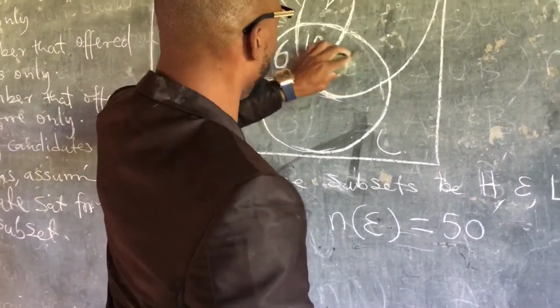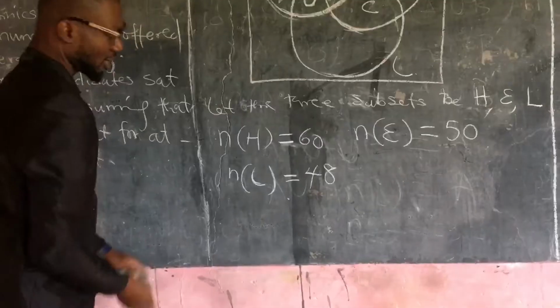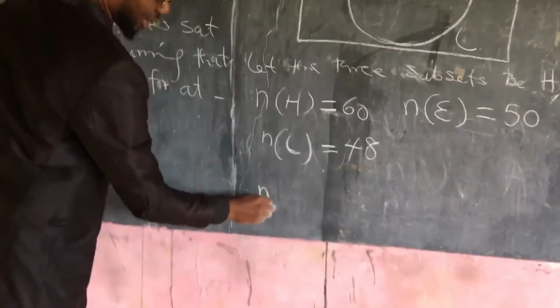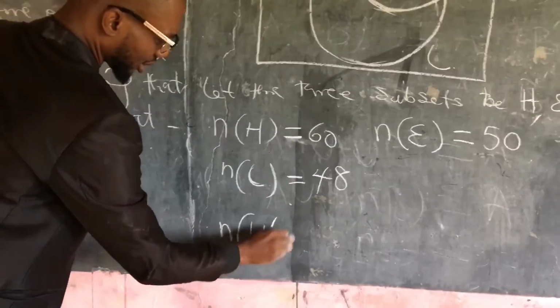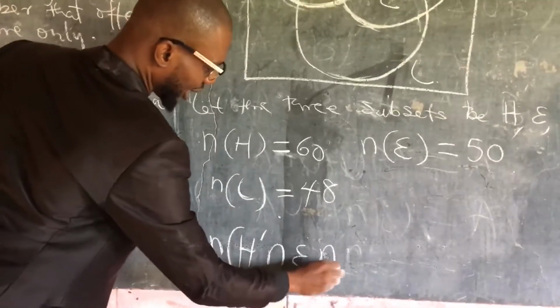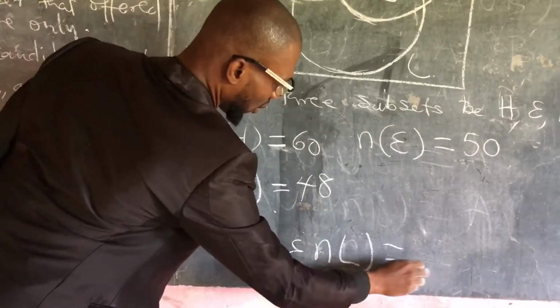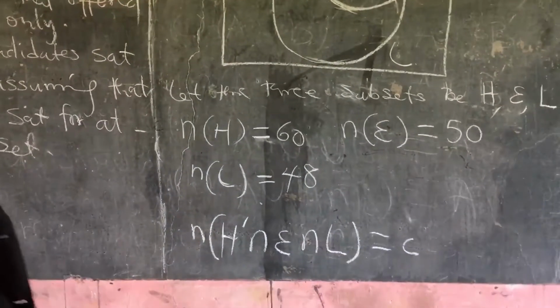And then in the same vein, we look for C. So our C now is H complement intersect E intersect L, which is our C, right?